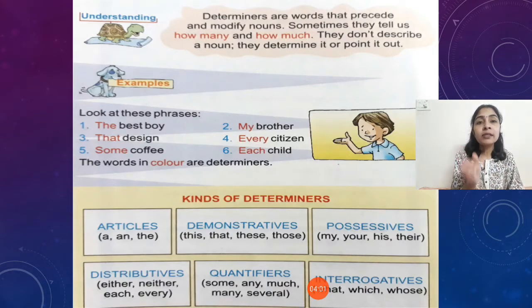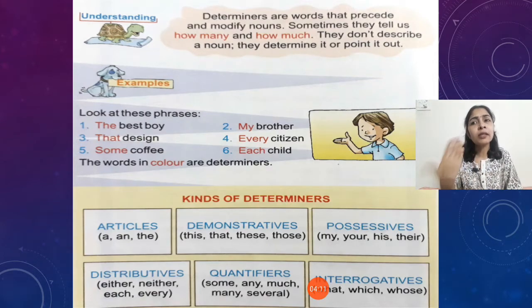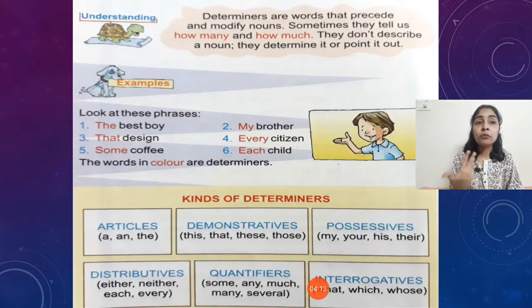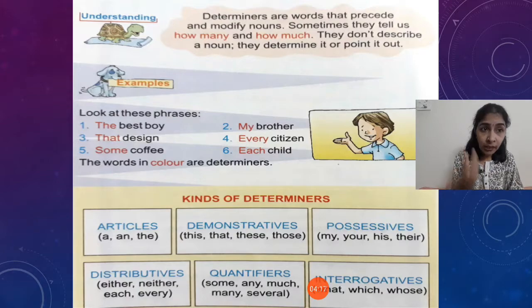First is the article. Articles are of two types, definite and indefinite. A and an are indefinite articles, and the is the definite article. When we are talking about something indefinite, we use a or an, but when we are talking about a definite thing, we use the. So the first category of determiners is articles.